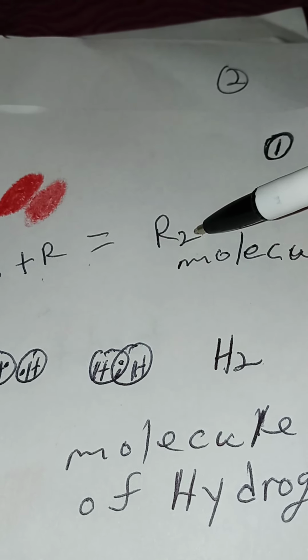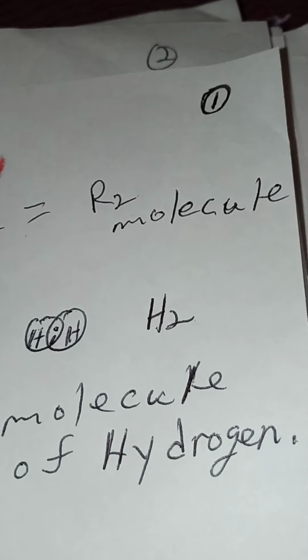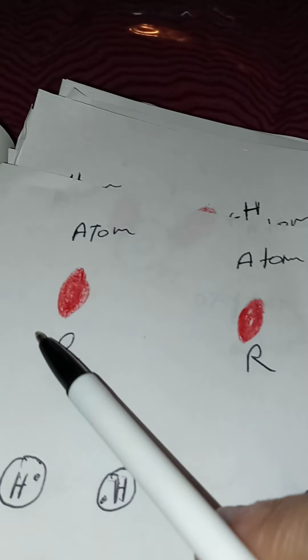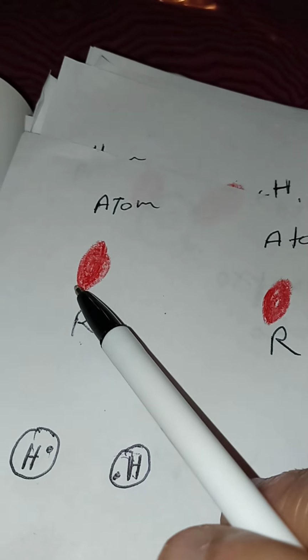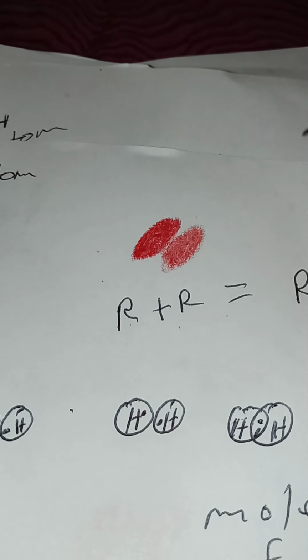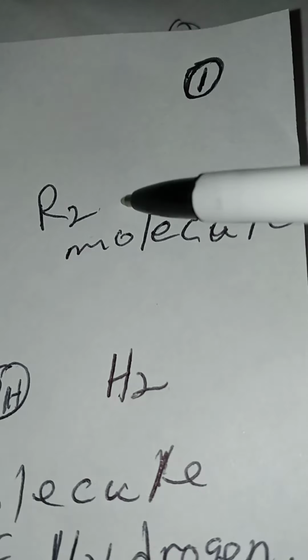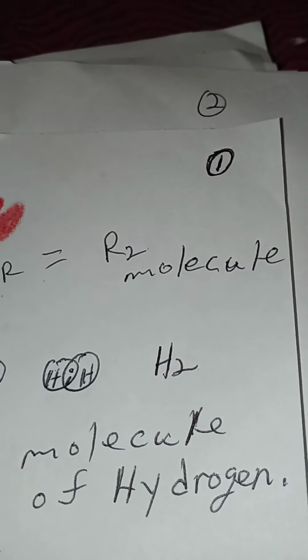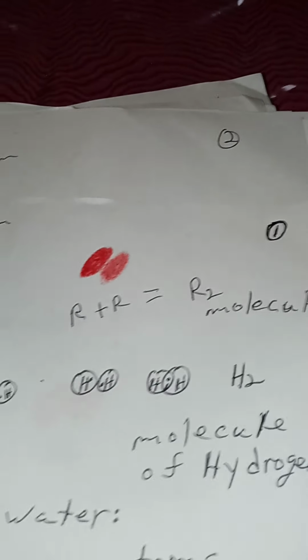And that's a molecule, but it's a pure molecule because it took two atoms of the same pure element, R, which is red, to come together. So it's pure, of the same kind. You got a molecule of two pure atoms coming together.